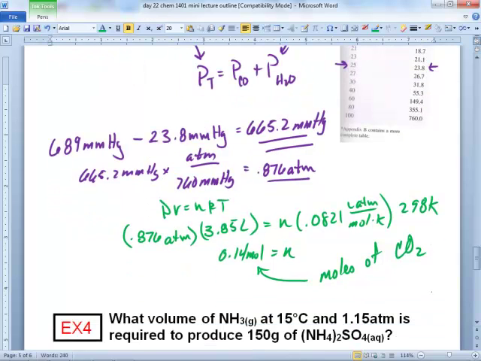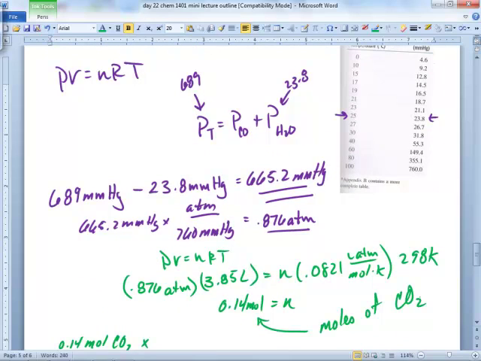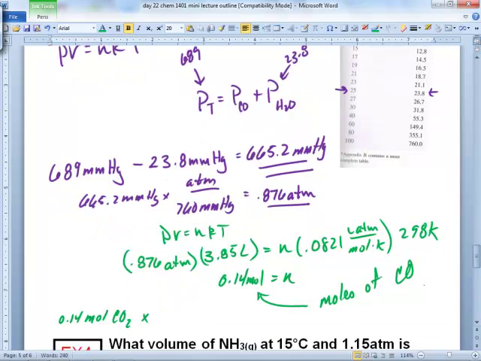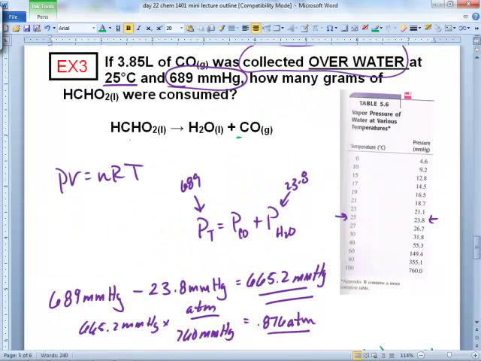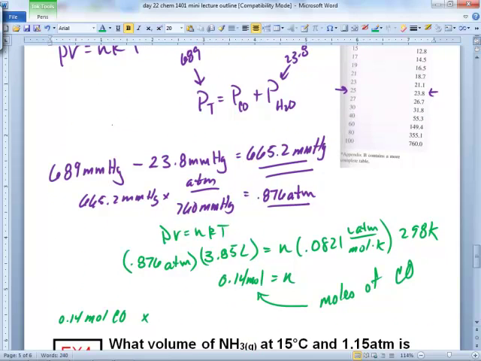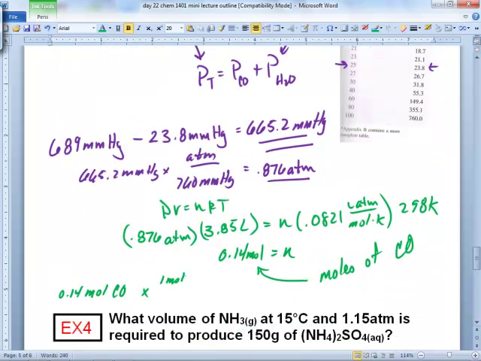So we'll have 0.14 moles of CO. And it's just 1 to 1, so that's not bad. 1 mole of HCHO2 for every 1 mole of CO.